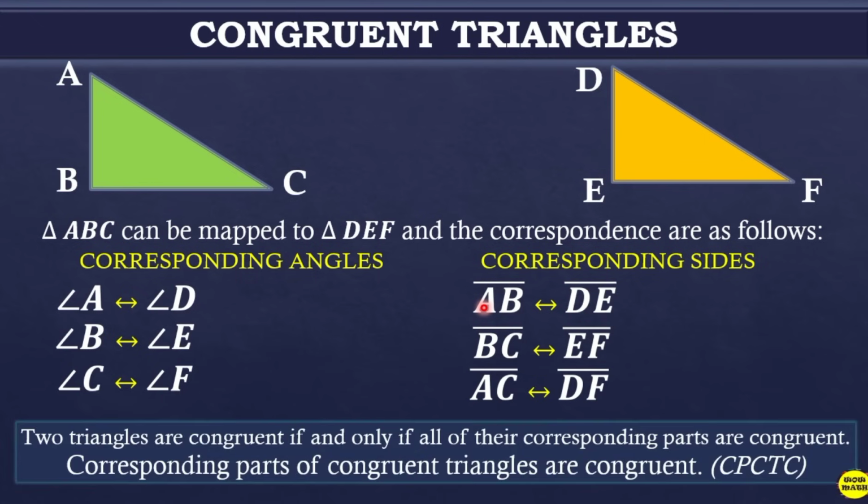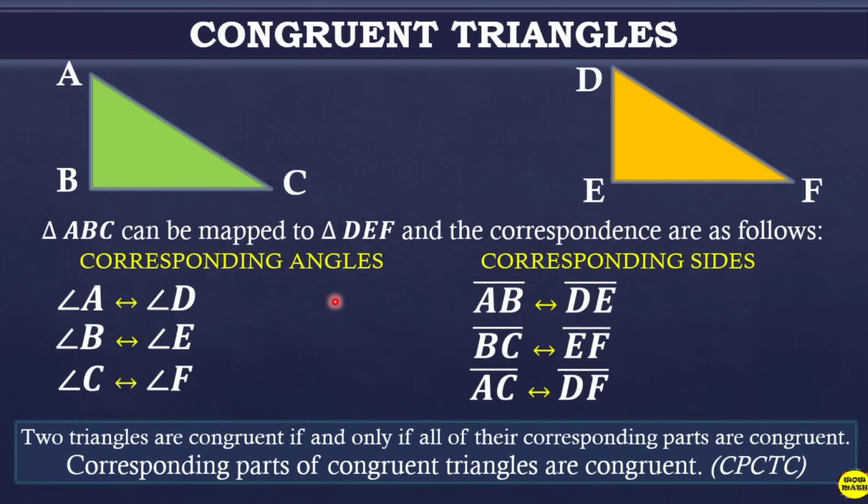Now, always remember that the two triangles are congruent if and only if all of their corresponding parts are congruent. So, dito papasok yung concept ng CPCTC where corresponding parts of congruent triangles are congruent. Itong mga corresponding parts na to must be congruent para masabi natin congruent triangle sila.